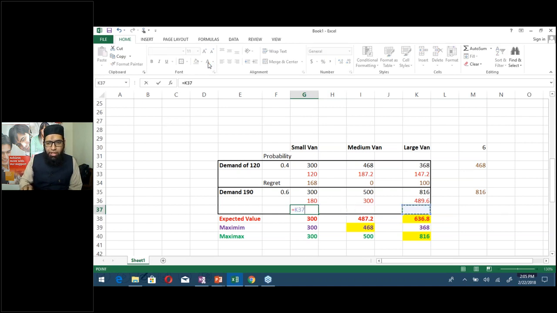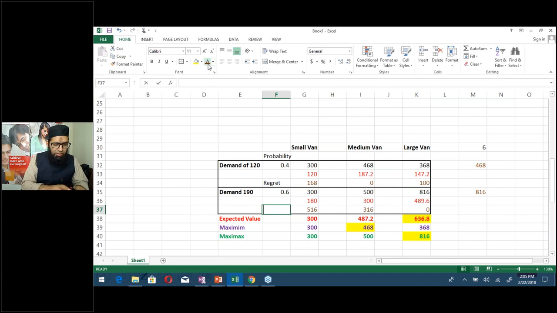It will be 816 minus 300, so it is 516. It is 816 minus 500, so it's 316. And this will be 0. So the figures that I have calculated in the brown color are actually the regrets.